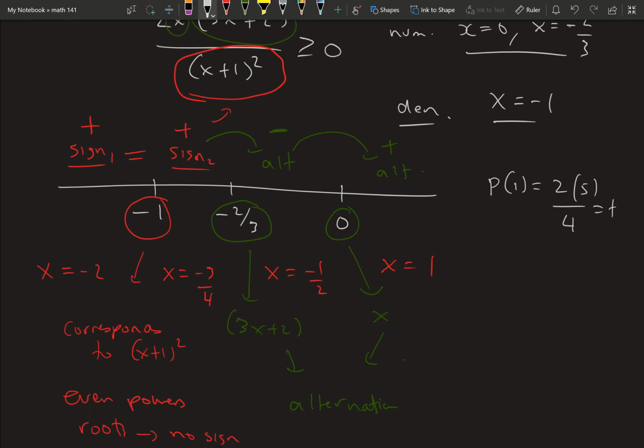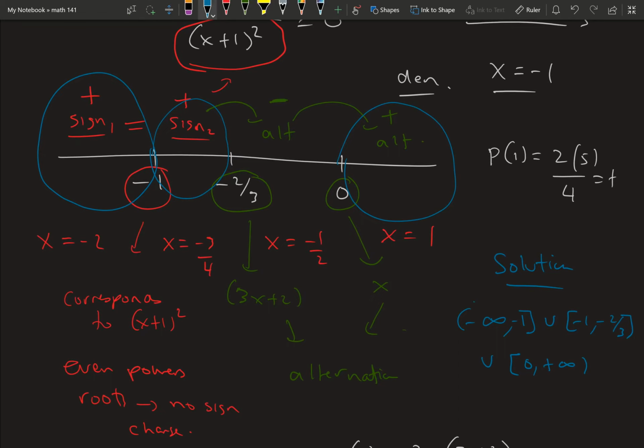We want where this thing is greater than or equal to 0. So what we want, and let me use a different color, is this piece, this piece, and this piece. So the solution is everything below -1, as well as everything between -1 and -2/3, as well as everything beyond 0.